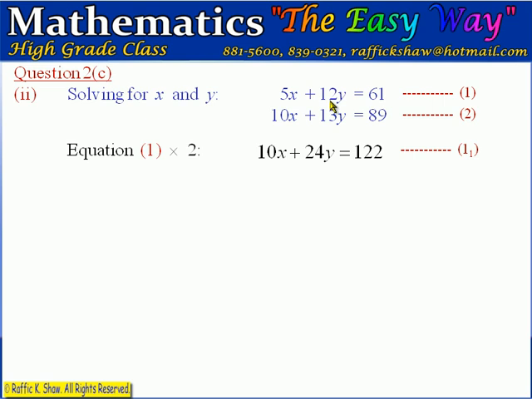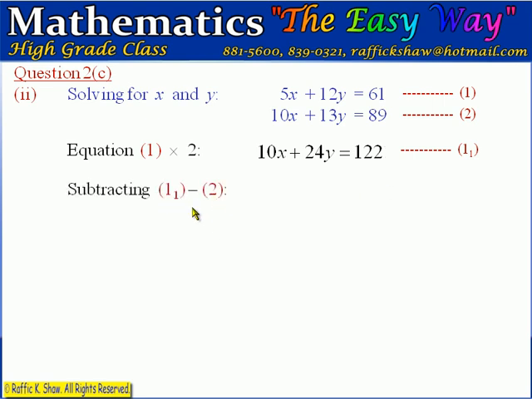This 12y multiplied by 2 is 24y, and 61 multiplied by 2 is 122. So this equation 1 and this equation 1 basically is the same equation, and now we are solving equation 1 with equation 2 simultaneously. And so now to eliminate the x from these two equations, we simply subtract equation 2 from equation 1, and that's our next step.